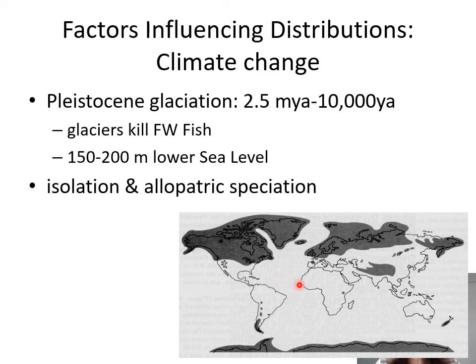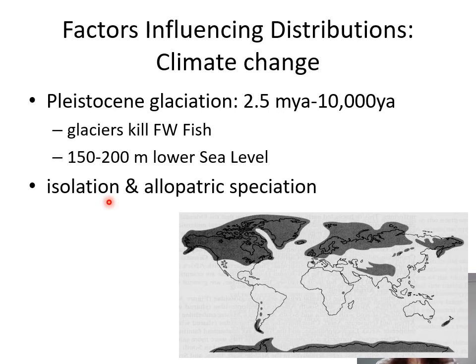And again, it's not like it just happened and suddenly everything was frozen. This happened over thousands, millions of years, so it was a gradual change. Many fish, many animals could adapt, some could not. But what it resulted in is isolation and allopatric speciation. So if you have one species and now it gets isolated into different areas and it's left there for enough time, it will actually develop into distinct species, right?